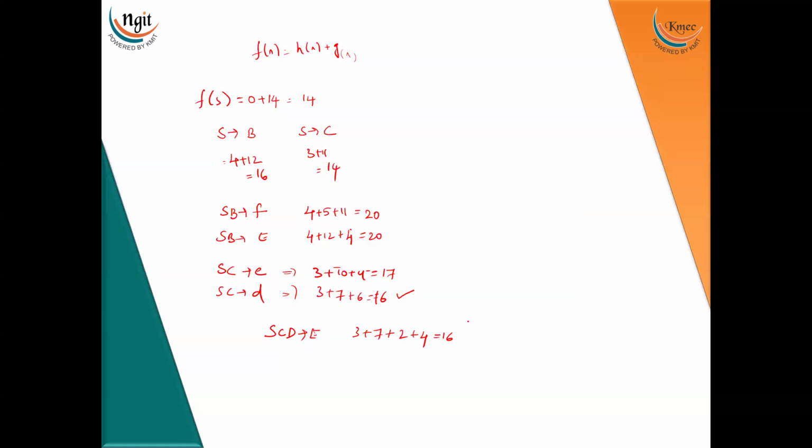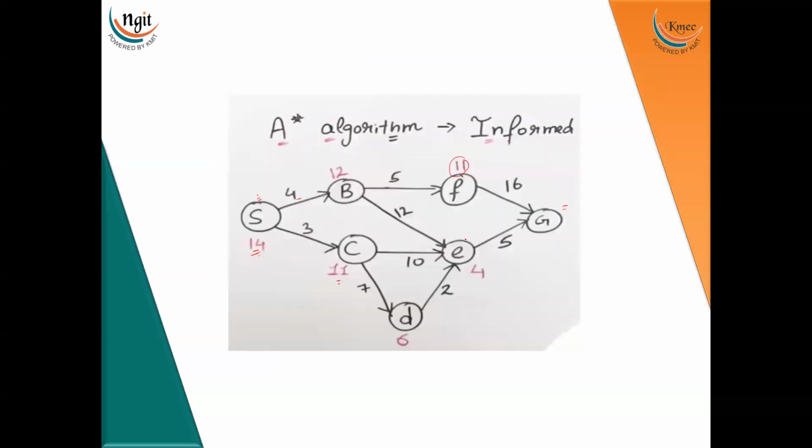That only I have written here. So, it is 16. Now, once we reach here, there is only one path, that is the E is directly reaching the goal state.